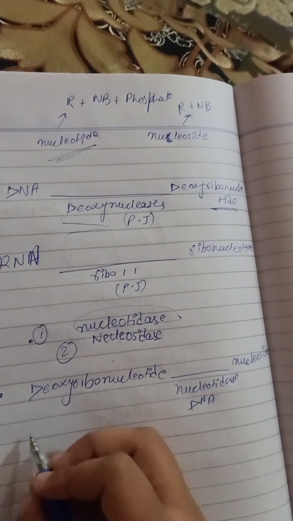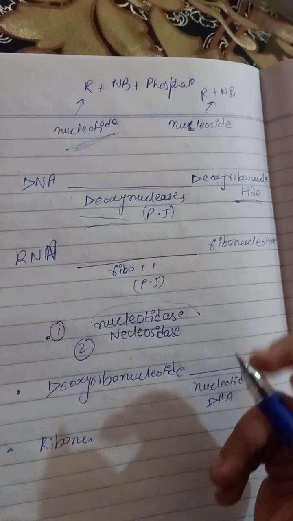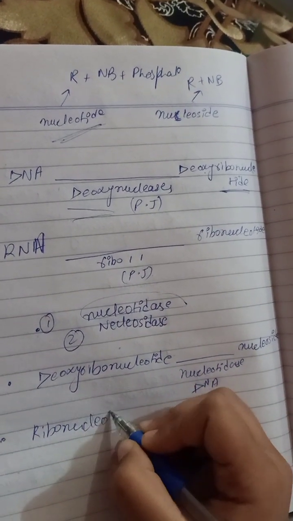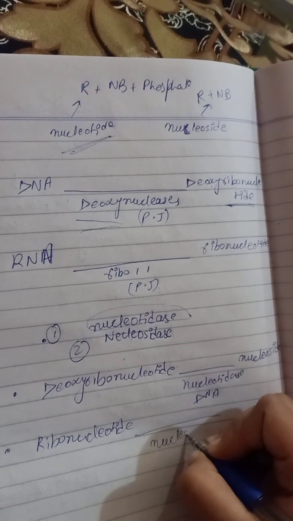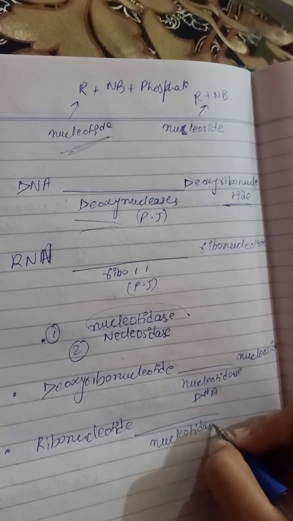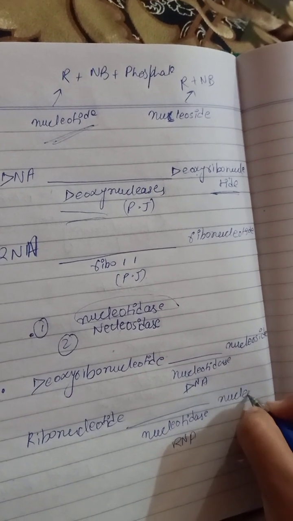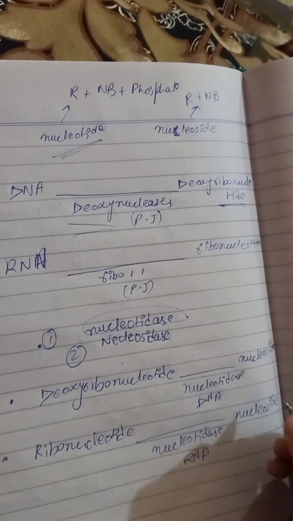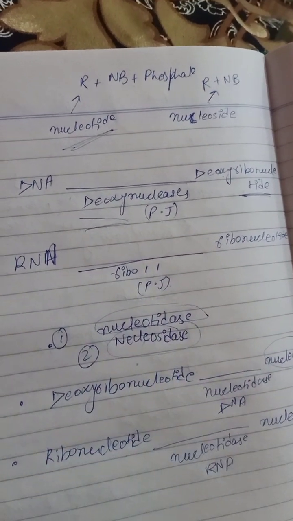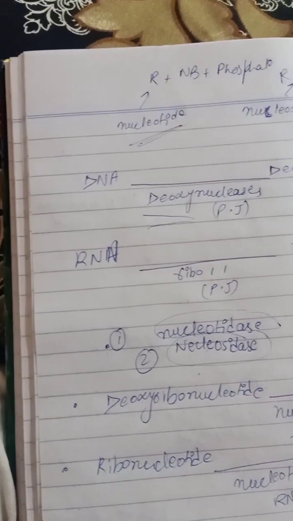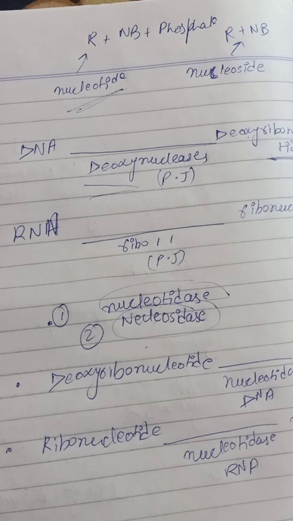If you're talking about RNA, ribonucleotide will further break down by the nucleotidase, and RNA will also break into the nucleoside. Now on the nucleoside, which enzyme will work? Nucleosidase will work further.